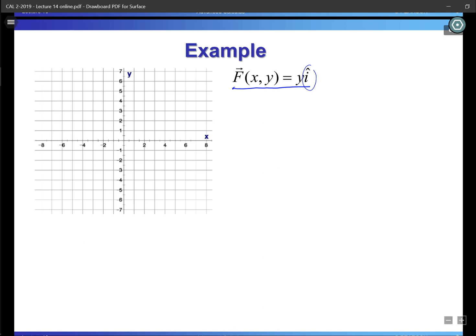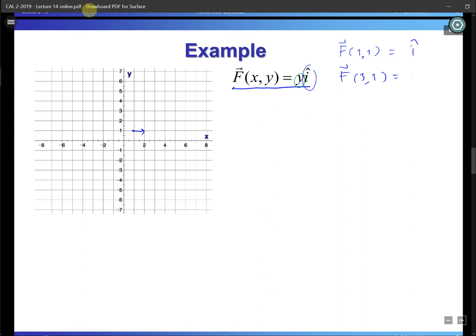If I pick y equal to 1, maybe this point, x equal to 1, y equal to 1, I'm going to get F(1, 1), that is going to be equal to i, right? So something like this. But if I pick (3, 1), well, 3 doesn't matter here because the component for the i depends on y.